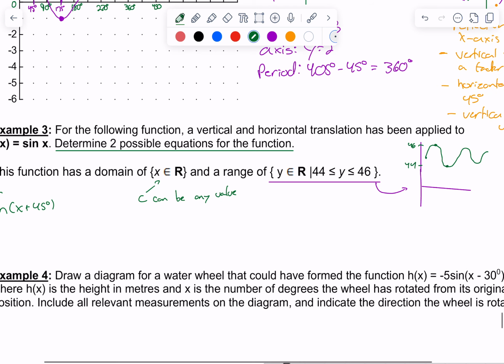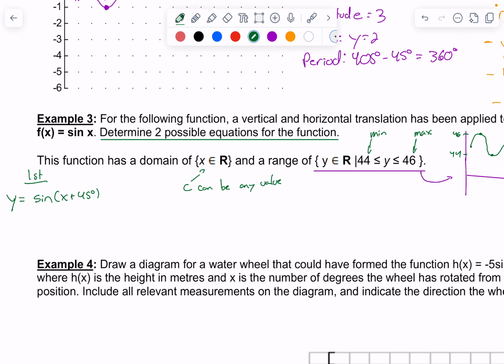So this is your minimum. This is your maximum. If we know our minimum or maximum, remember our A is our max minus our min divided by 2. So that means 46 minus 44 over 2, which is 2 over 2, giving you 1.